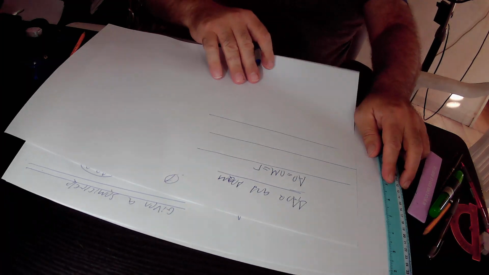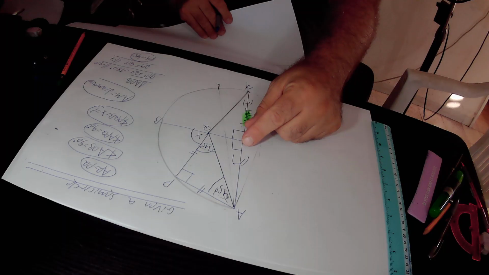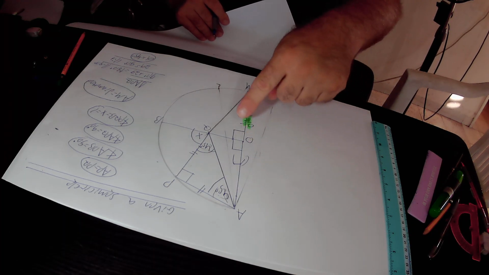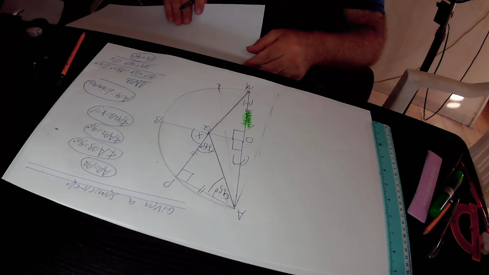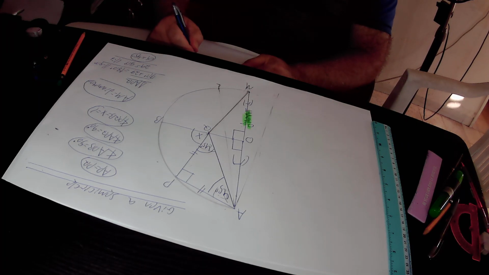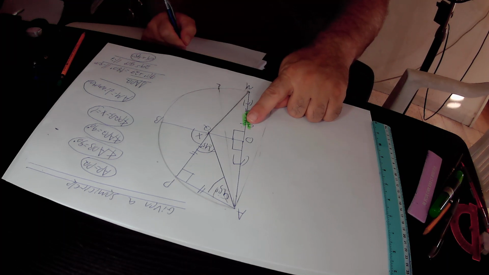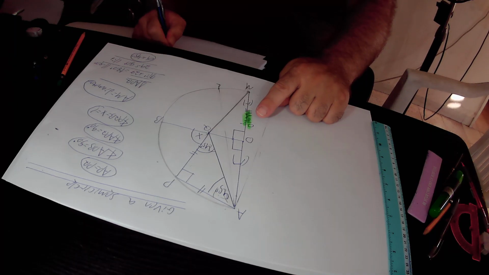In addition, those two angles are both equal to 90 degrees, therefore they are equal to each other. So this is angle AOQ in the right triangle AOQ, and it is equal to this angle, angle MOQ in the right triangle QOM.